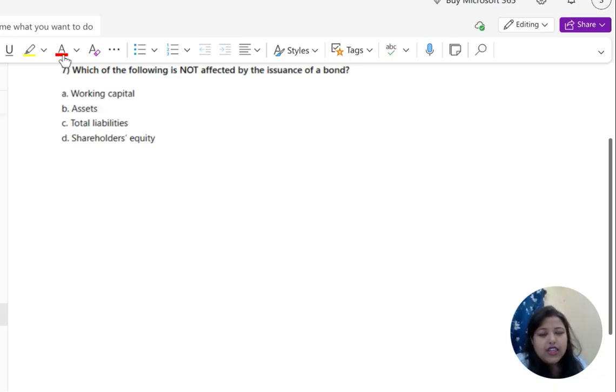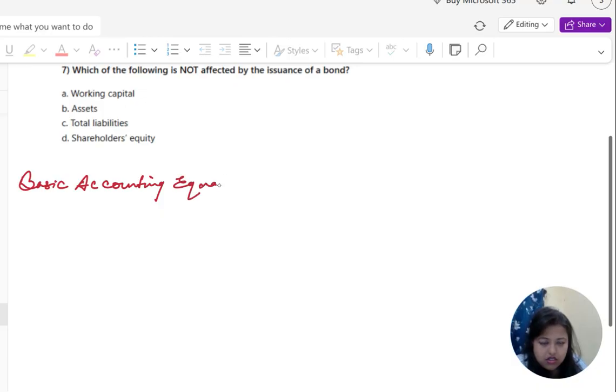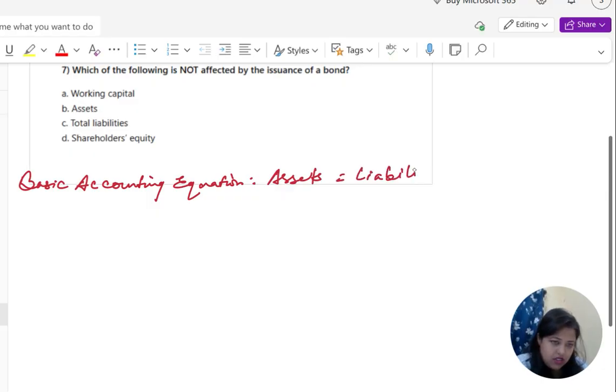So what is the basic accounting equation? Assets equal liabilities plus shareholders equity.